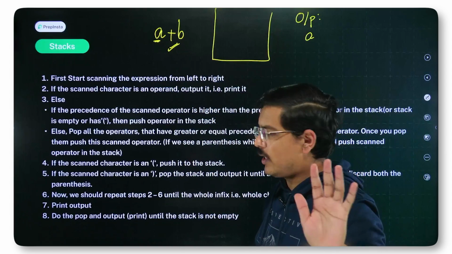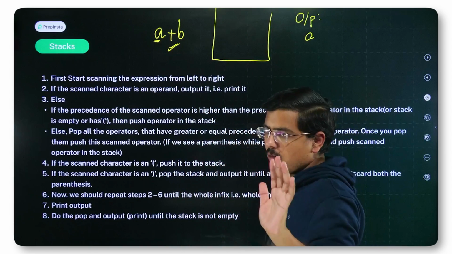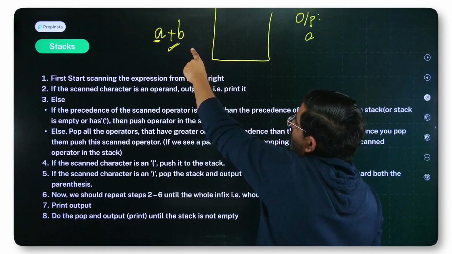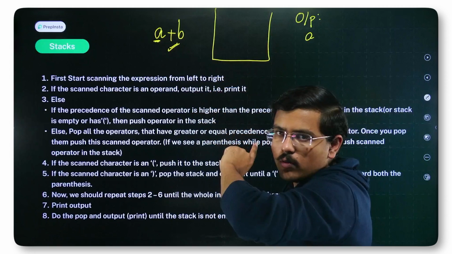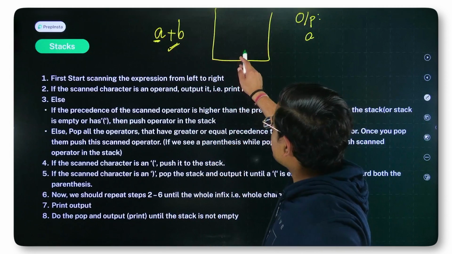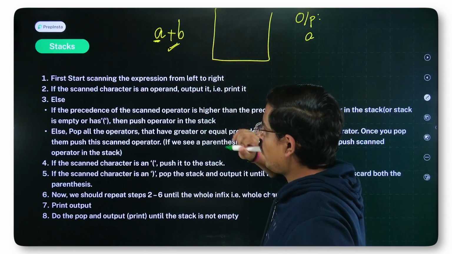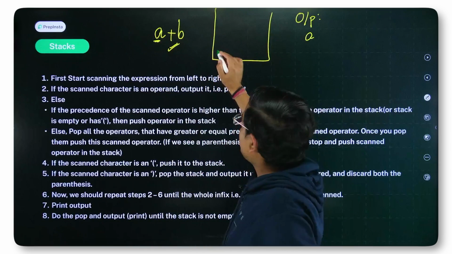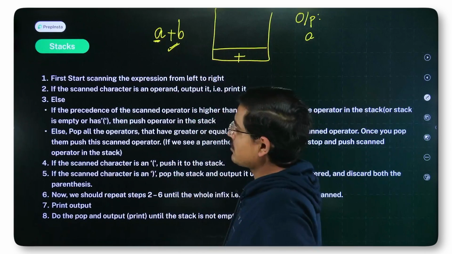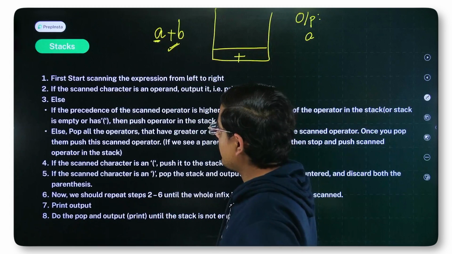Abhi samjhaunga, don't worry. Just be with me for a while. And then if there is any bracket inside your stack, then you also push it. Now right now stack is empty, push this plus. As simple as that.